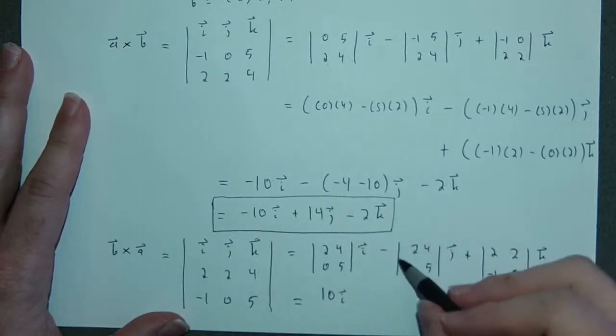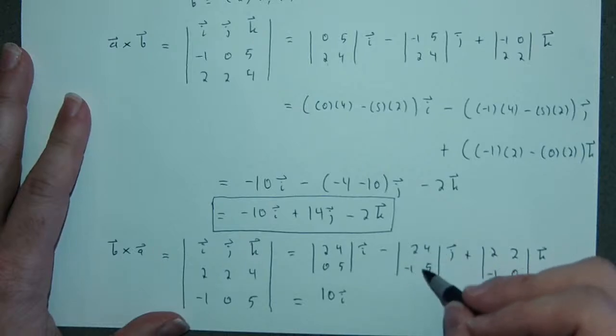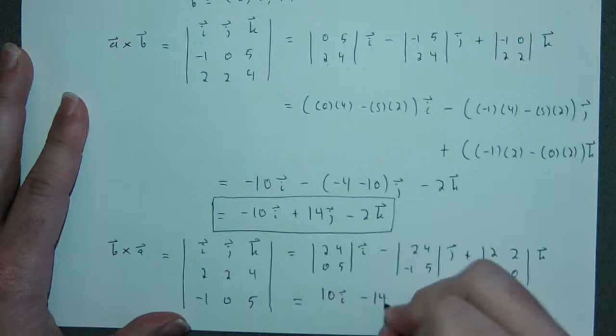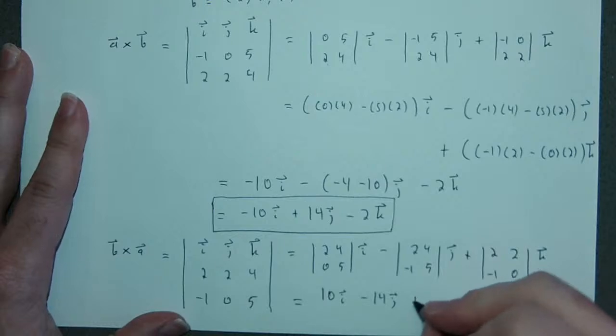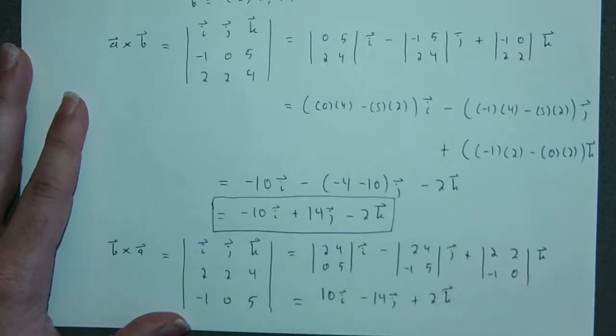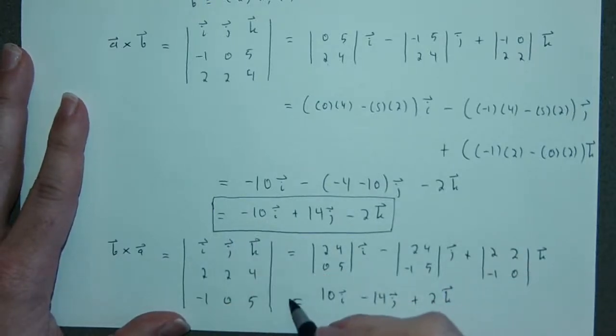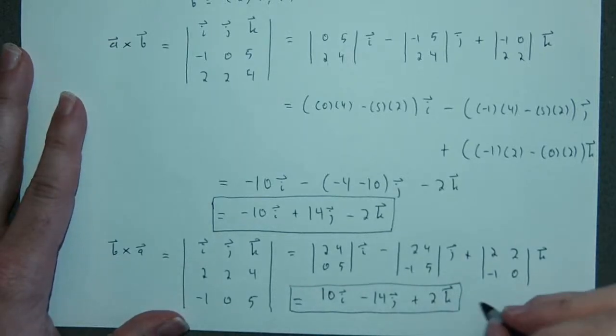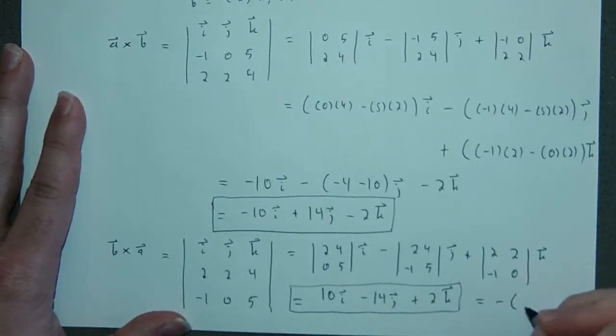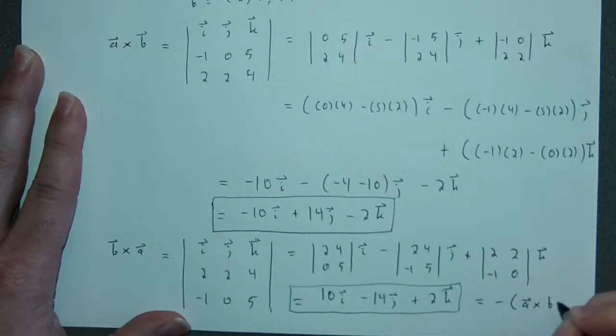Here, this is 10 minus minus 4, so it's 14. So this is minus 14j. And then this is 0 minus minus 2, so that's 2, so plus 2k. Okay, notice this is exactly minus what I got up here. And so B cross A is a different vector. It's actually minus A cross B.